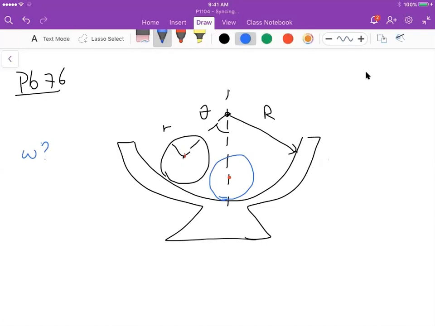It is released from rest. At this first, initial position, the center of mass is defined by the center of the sphere, so the center of mass was at this position as shown in the red line. And when it comes to the bottom of the bowl, the center of mass becomes at this position. So practically the center of mass has fallen by this given distance, let's call this distance h.